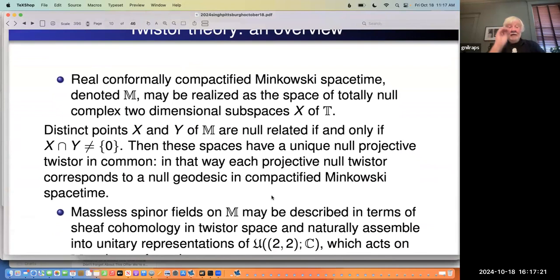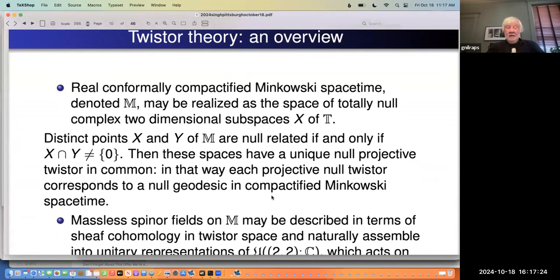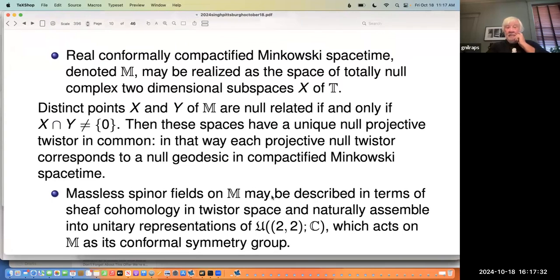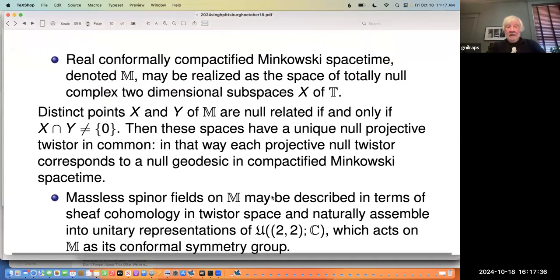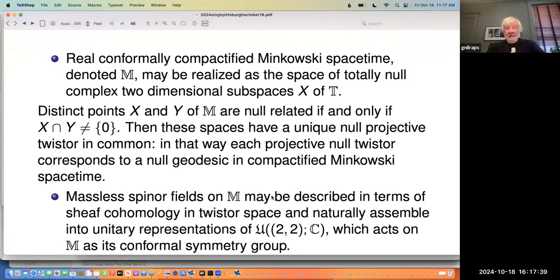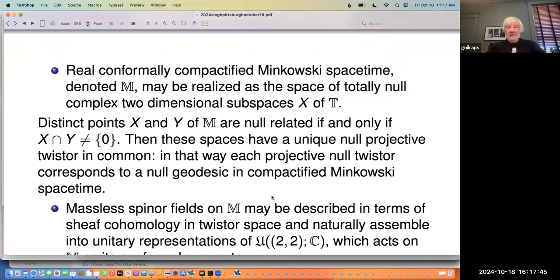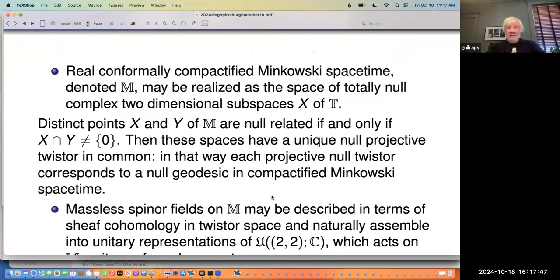Now, how do you get Minkowski space out of twistor space? Well, it turns out that it's just the space of totally null, complex 2-dimensional subspaces of T. That was what one of the earlier pictures was supposed to represent. But there's a little bit more to it than that. Of course, Minkowski space has a conformal structure, and so you need to know the conformal structure, but it's very simple.